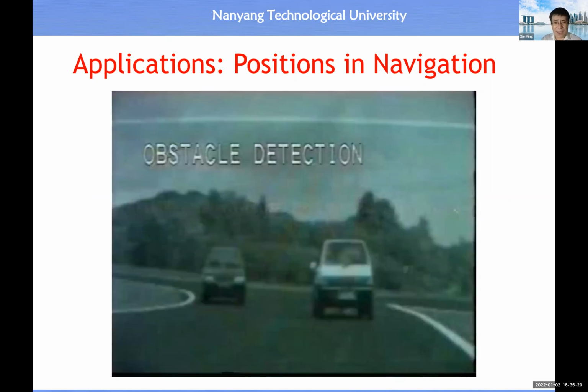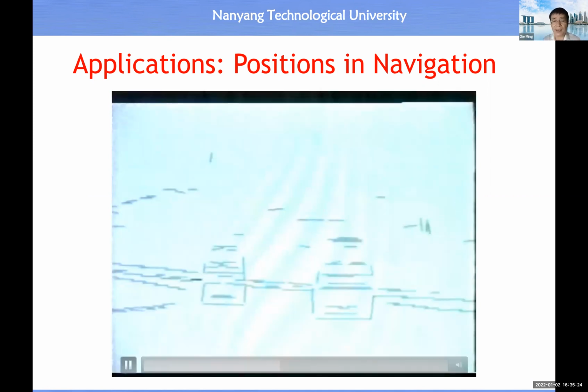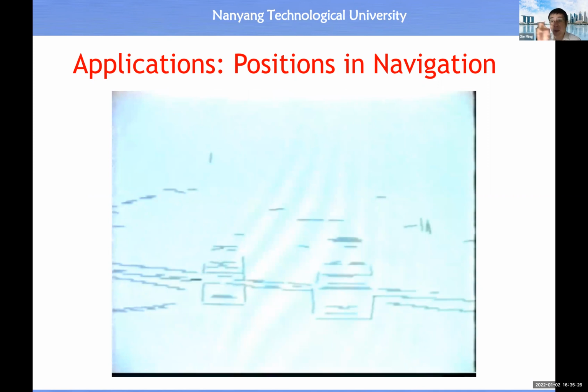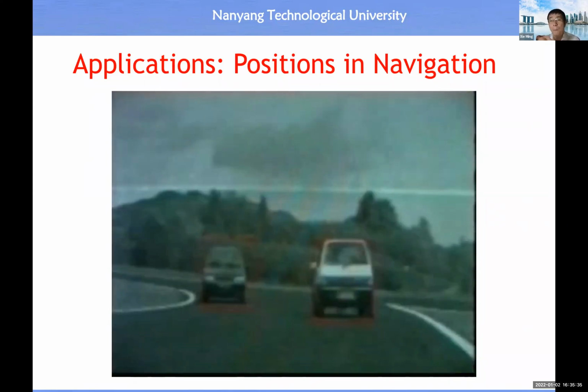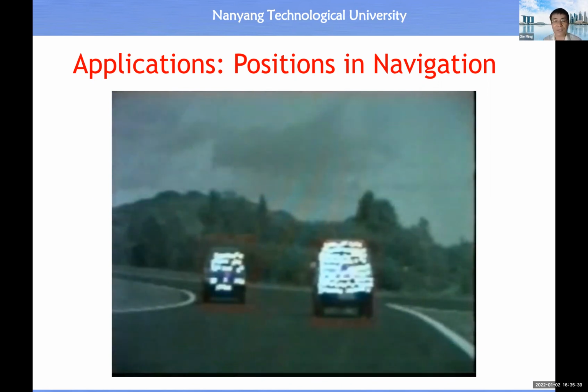We can use the camera to capture an image, then we process the image. Then we identify the area in which there may be presence of obstacles. Then we use this information to guide the scanning with a laser beam in order to obtain distance information.